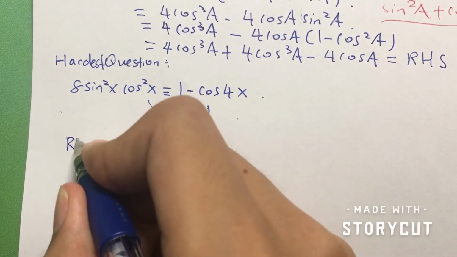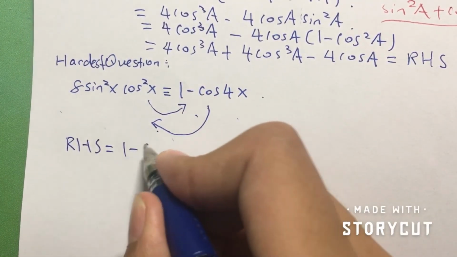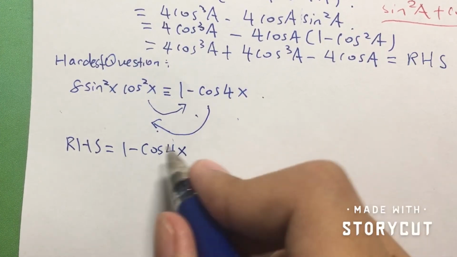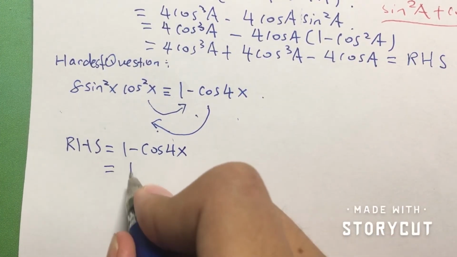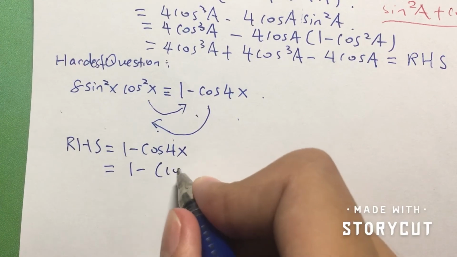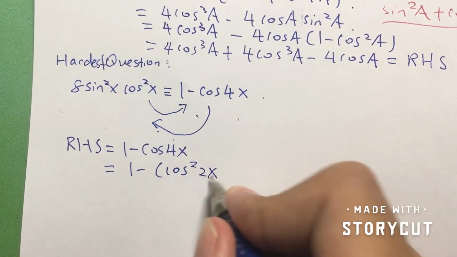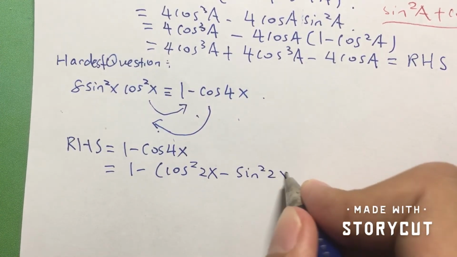So let's start from the right hand side, which equals 1 minus cosine 4x. And let's use the double angle formula, which becomes cosine squared 2x minus sine squared 2x.